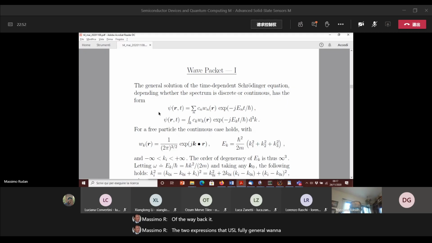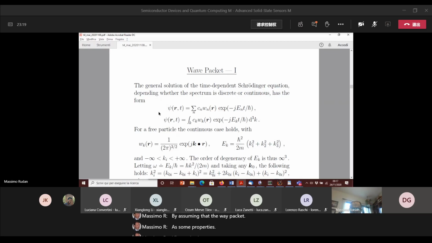One applies in the case of discrete eigenvalues, the other applies in the case of continuous eigenvalues. Okay? We can give an approximate form by assuming that the wave packet has some properties. We give an example, a very easy example.